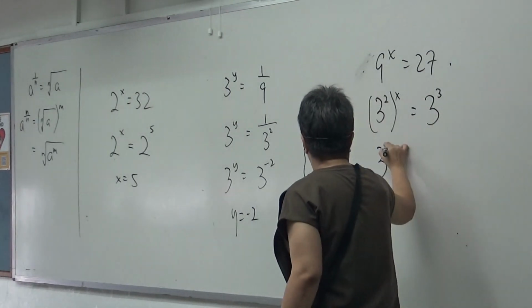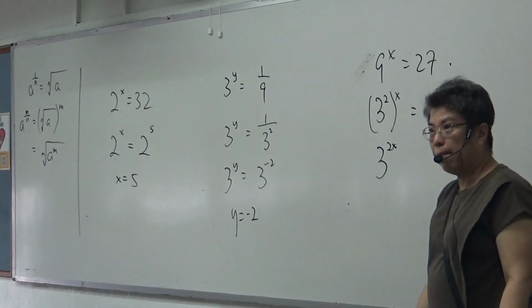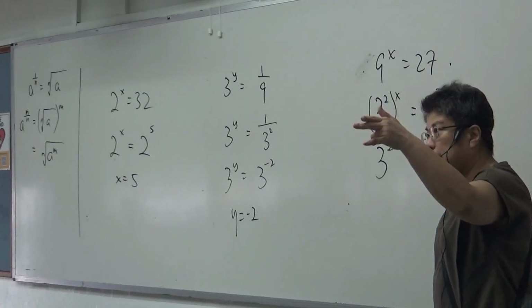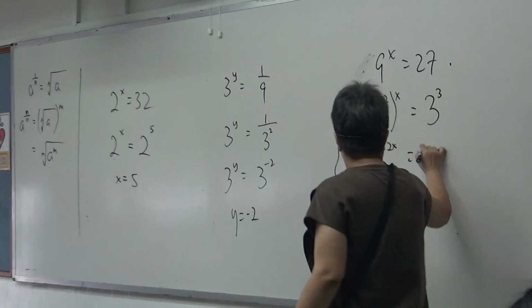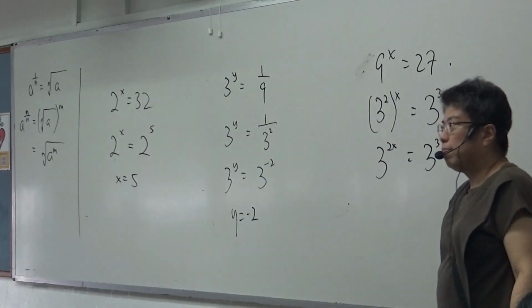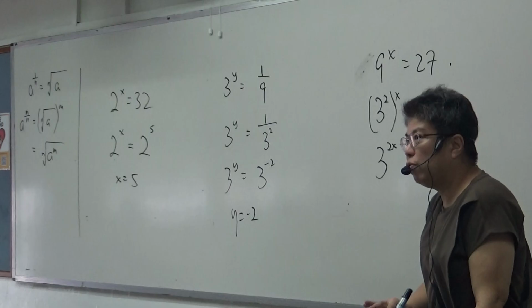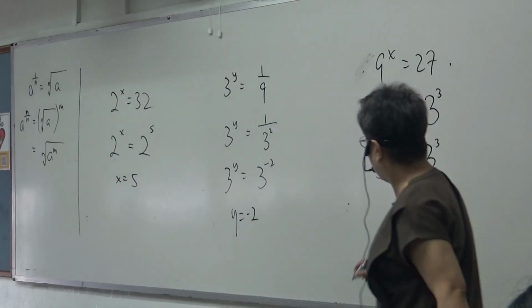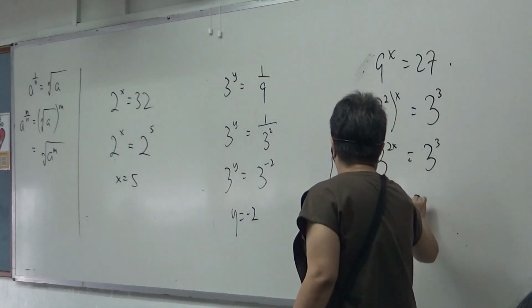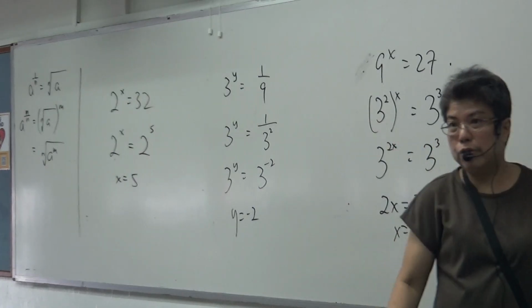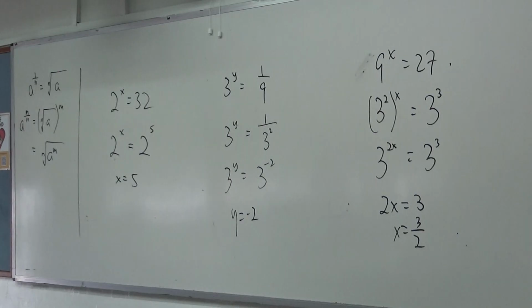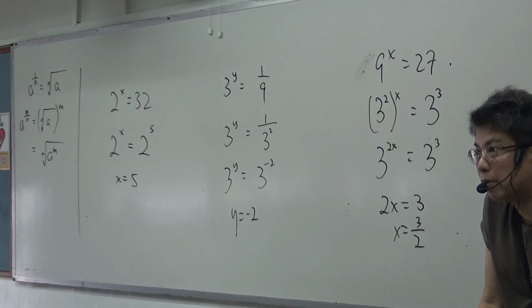Now, I expand out to become 2x, right? a to the m to the n is a to the m times n, right? Will be 3 to the power of 3. Now, can you see that I've changed it to the same base already? Yes. So, what is this? 2x equals to 3. x equals to 3 over 2. Is that clear?